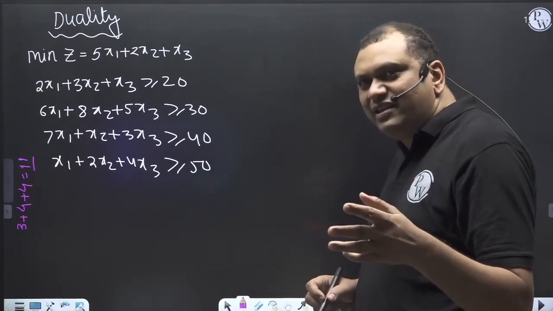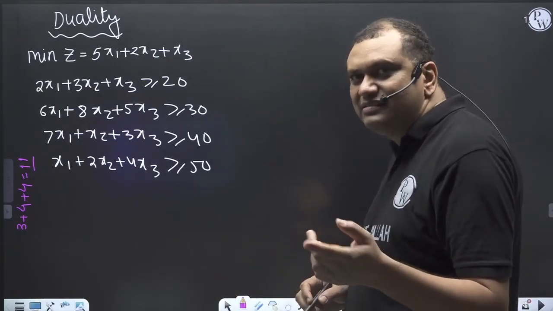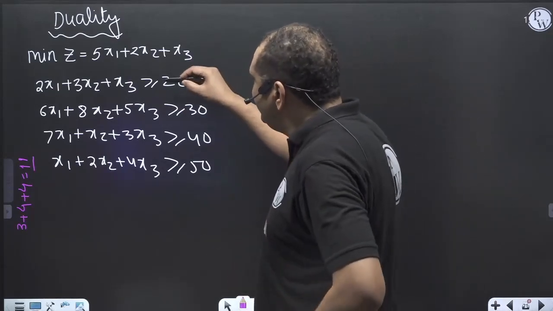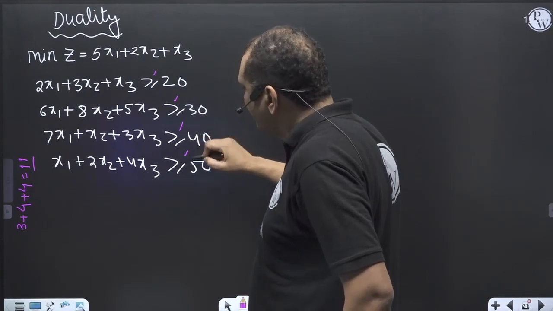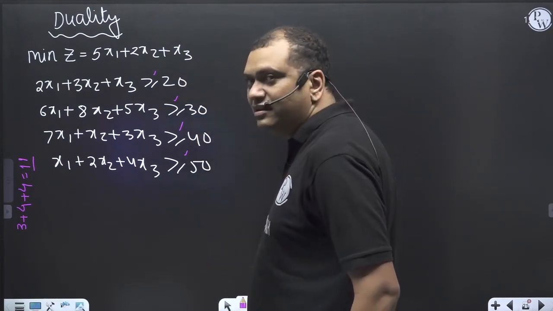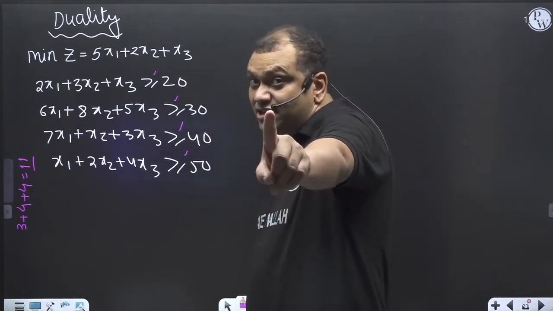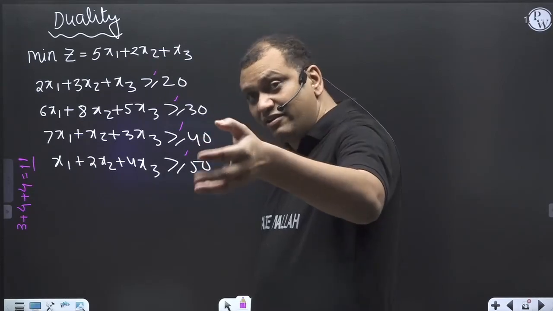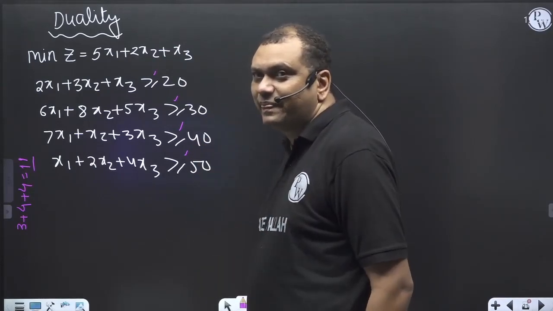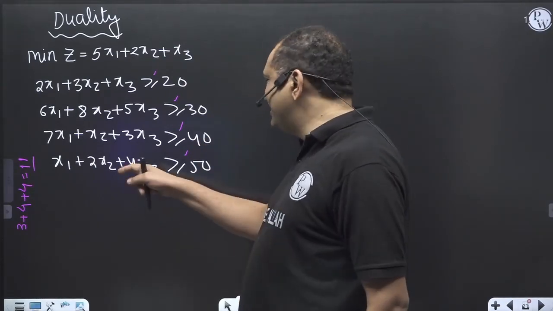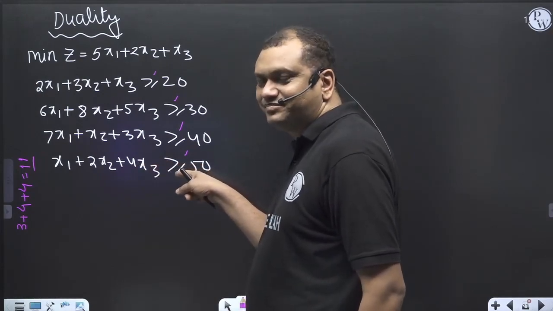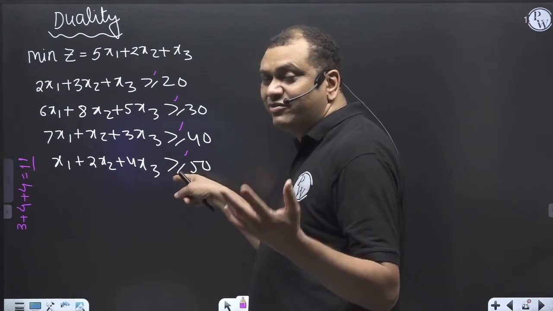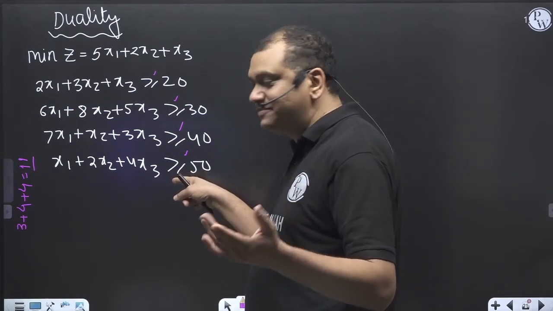To convert the problem into dual, these signs should be same. Either greater than sign or less than sign. Suppose one sign is less than or equal to, and I have to convert into dual. You know what I will do?